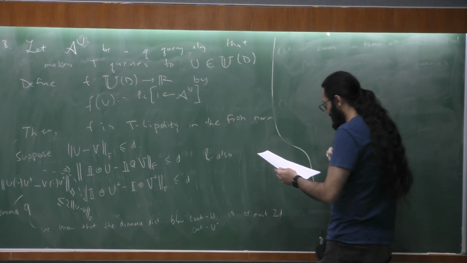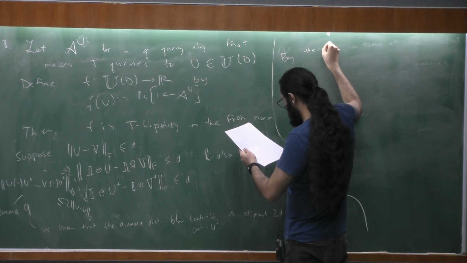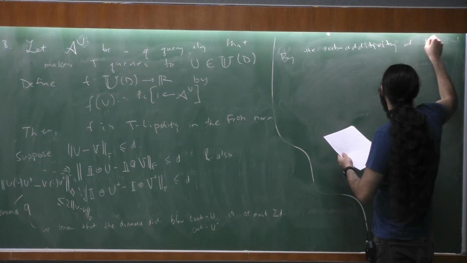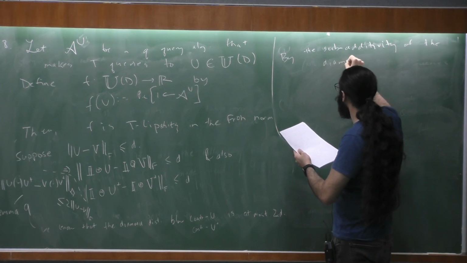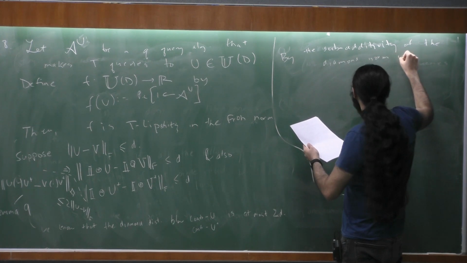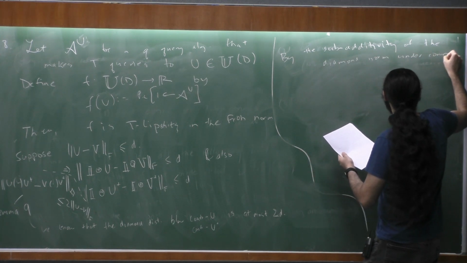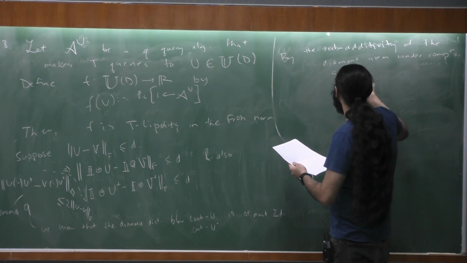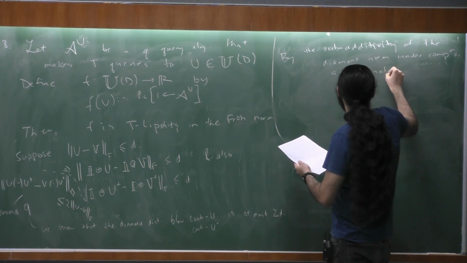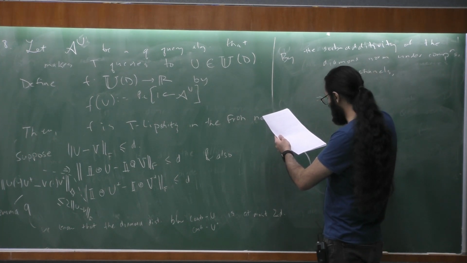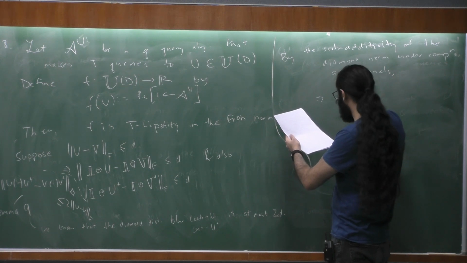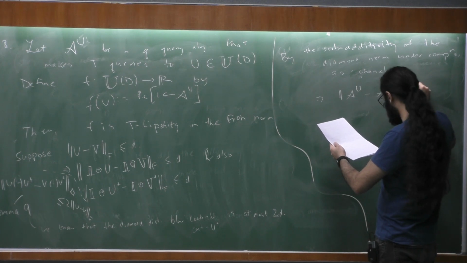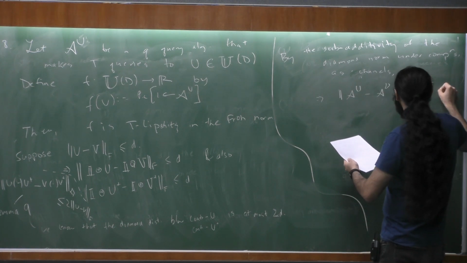Okay, and now by the subadditivity of the diamond norm on the compositions, as superoperators or channels, this implies that A^U minus A^V in the diamond distance is going to be at most 2t times t, right?